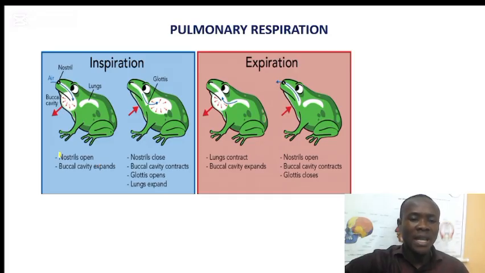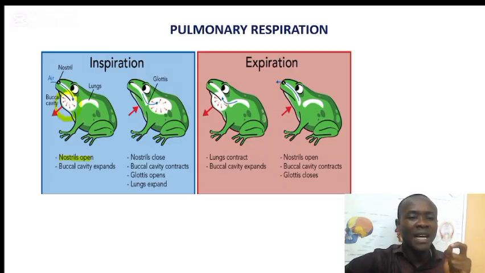So in here, the mouth will be closed and the nostril will open, and the toad will lower the floor of the mouth. As you can see here, the floor of the mouth is being lowered. Air will rush in from the atmosphere into the mouth when the floor of the mouth is being lowered.